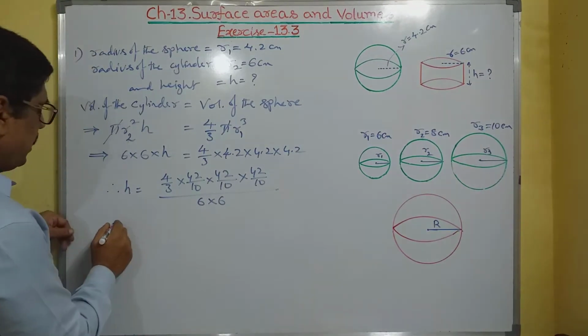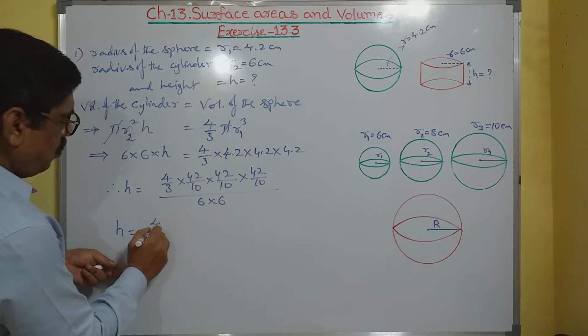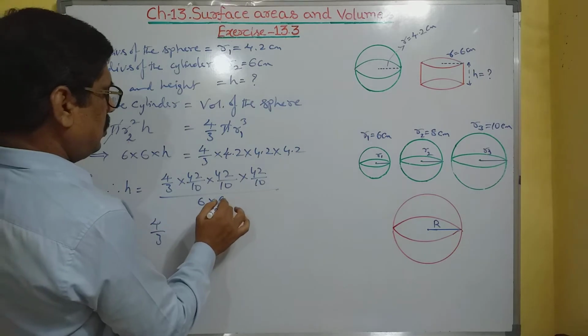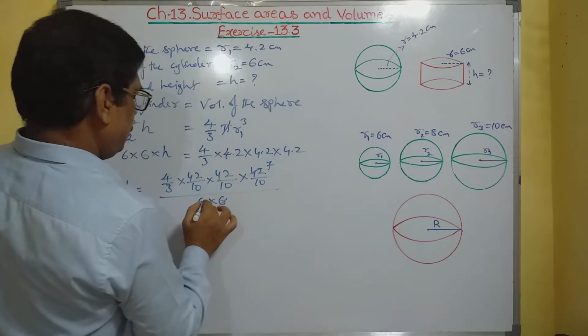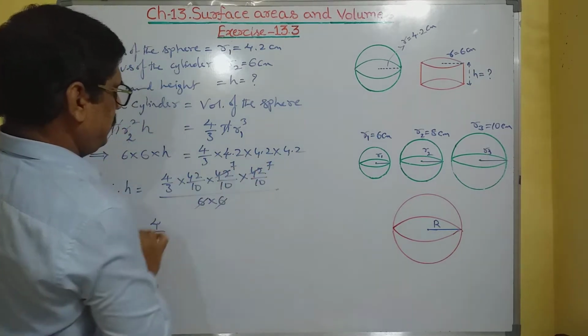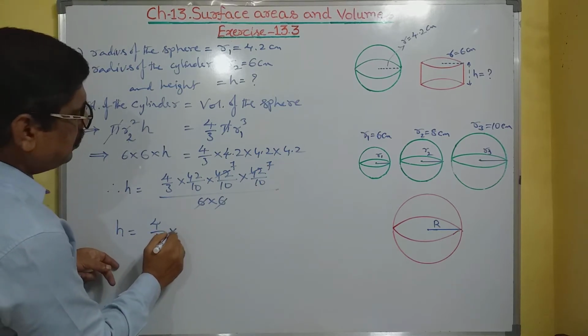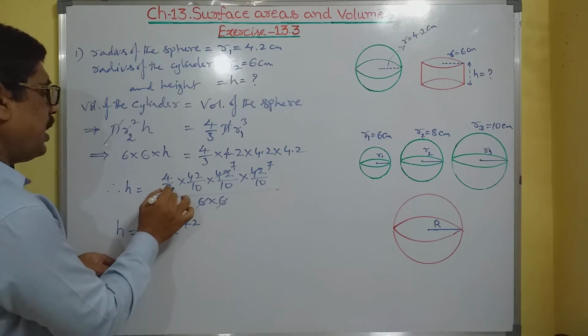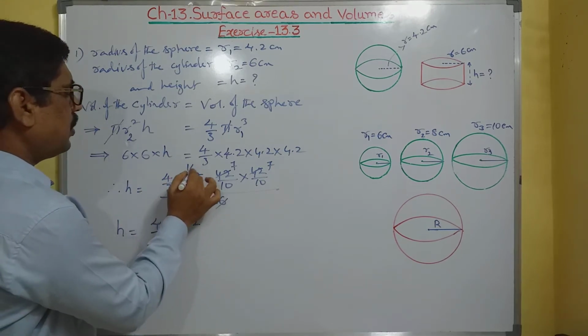Here we can write h is equal to 4 by 3. So let us simplify first. 6 7s are 42, 6 7s are 42. So we get 4 by 3 into 42 by 10. And still we can cancel 3 14s are 42.